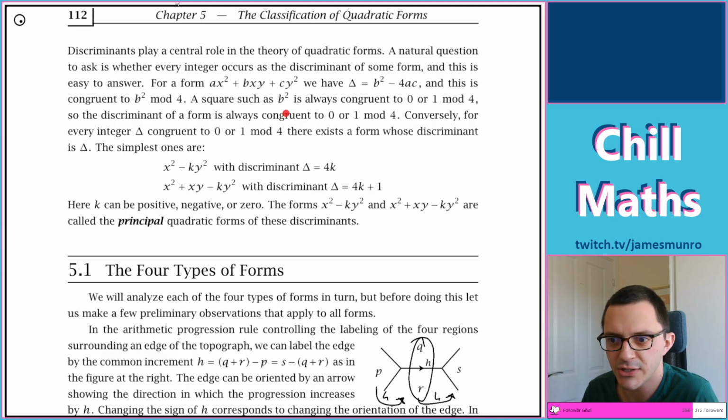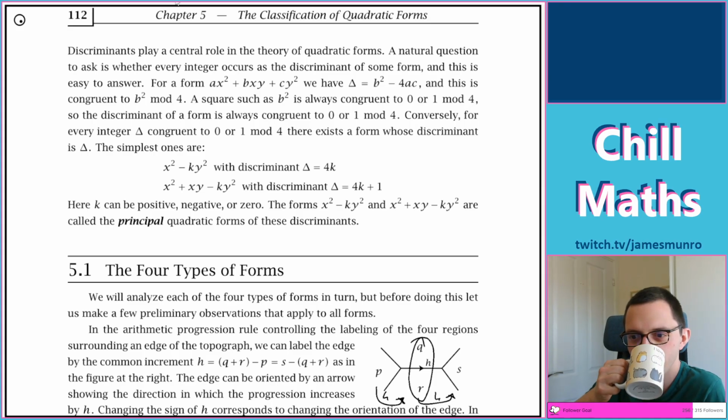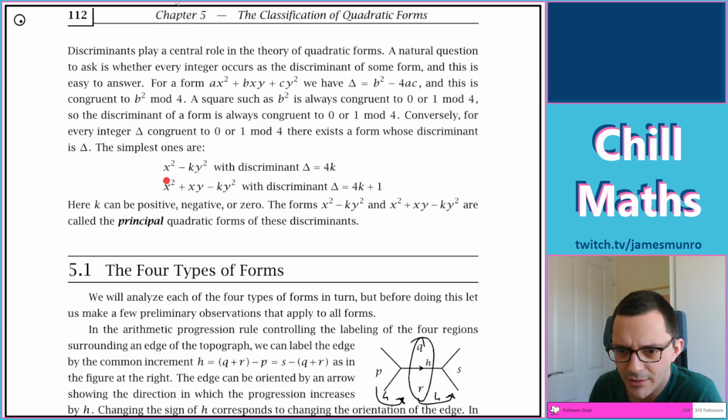When you see that it's minus 12, you say that's 0 mod 4 or something like that. And then you know which one you're in, or something. There exists a form. Well, there exists a form is weaker than I'd like. I'd like to know all of them, really. Oh no, this is too easy. Right, okay, this is just there exists a form.